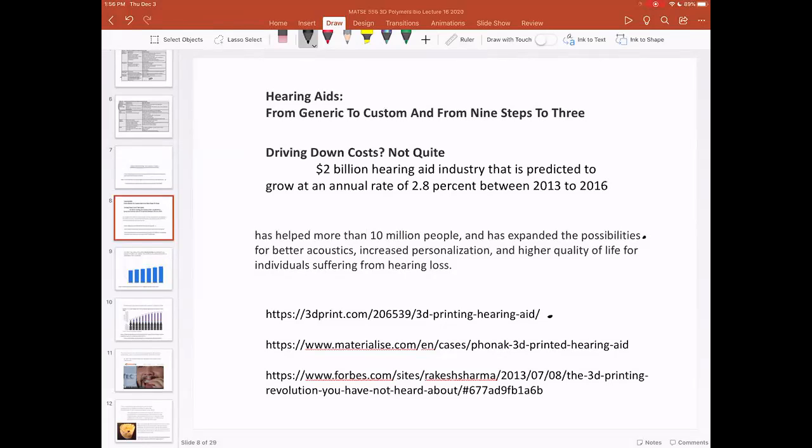But there's also a business case for additive complexity, better functionality, higher quality of life, expanded possibilities. Old style hearing aids were heavy. They didn't have great acoustics. They were uncomfortable to wear sometimes. But really, hearing aids are still expensive. And so additive manufacturing didn't necessarily bring down the cost of hearing aids, but it really provided additional functionality to really improve people's quality of life.